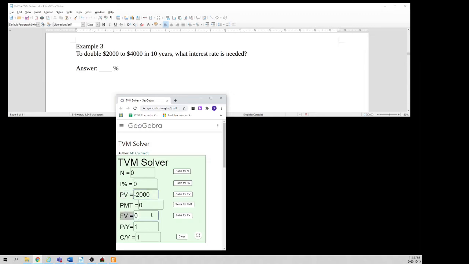So this is sort of like I'm taking money out of my wallet, and at the end, I'm going to put the money back into my wallet, so it's positive, and it's a $4,000 amount. So the time is 10 years, and we want to solve for the interest rate. Okay, so we get an interest rate of 7.18%.